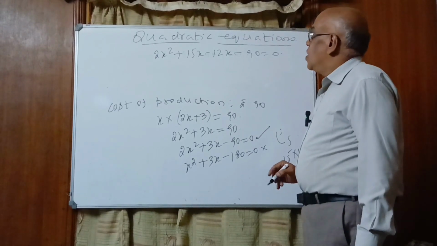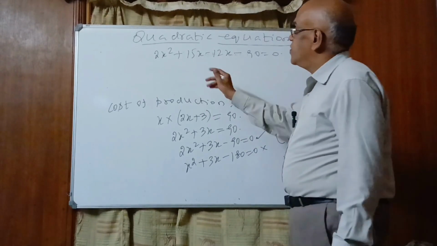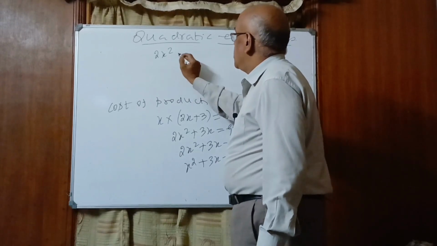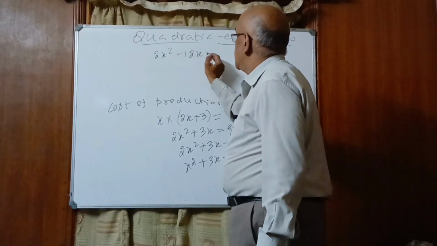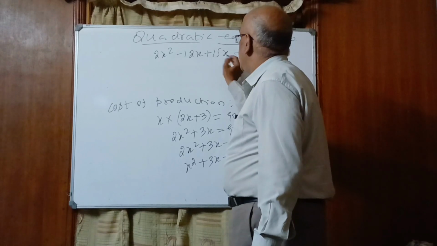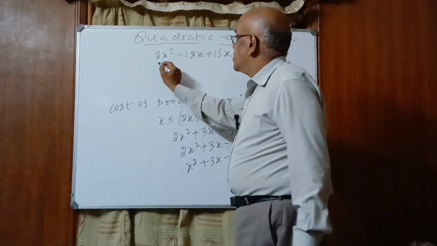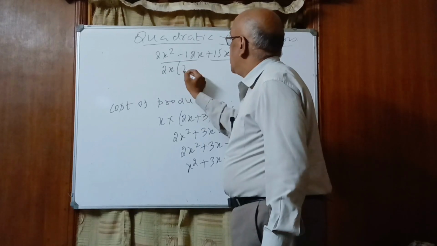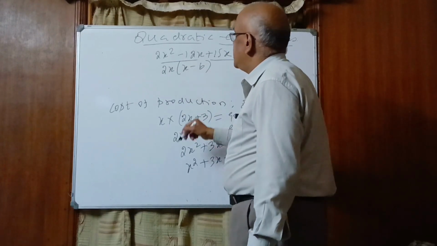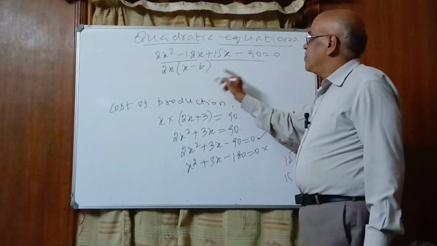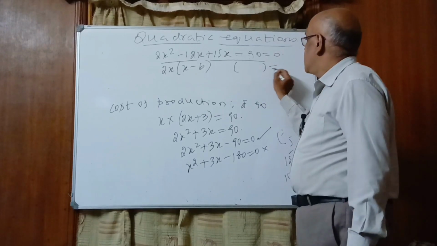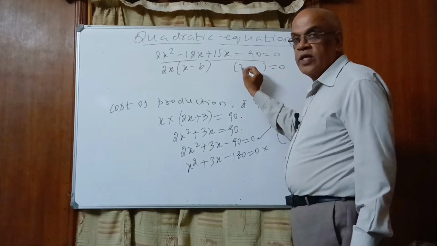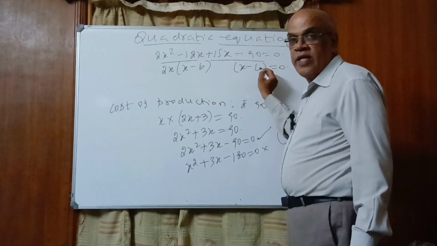So what you can do, you can shift 15x to this side, 12x to this side. Simplification becomes easy. You write 12x here, and 15x here. It will be easy. So, take out the common factor 2x. What will remain here? x minus 6. Without looking at the board, I'll write x minus 6.